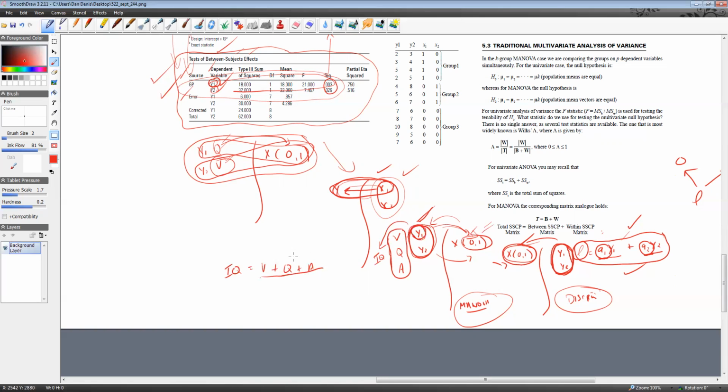And when they add them up, that's what y1 is going to be. Okay, so you see the similarities here, that when we do analysis of variance, that response variable, you could think of it as being a construct.